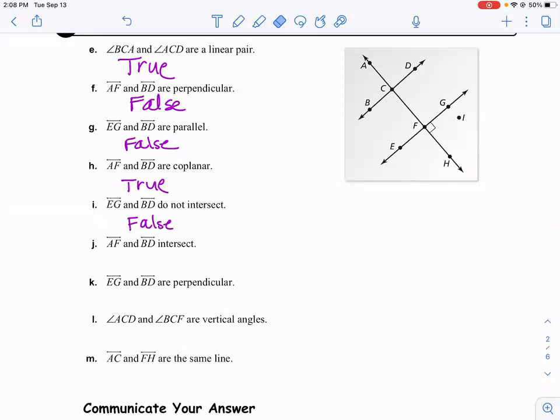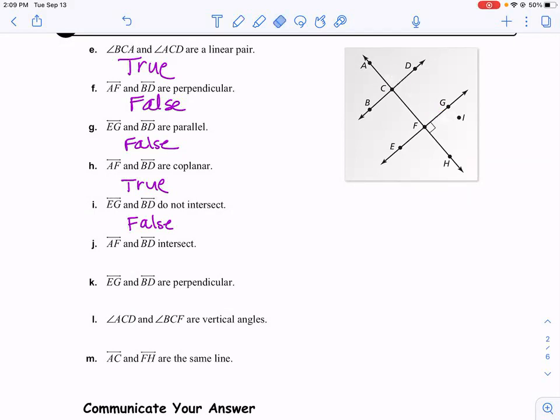Okay, things like right angles and parallel, we can't assume. Those things have to be given to us. So if they're not given to us, then we don't assume them. How are they given to us? If the lines were parallel, parallel lines get marked like that. I think you guys have talked about that in algebra maybe. We'll talk about that eventually.